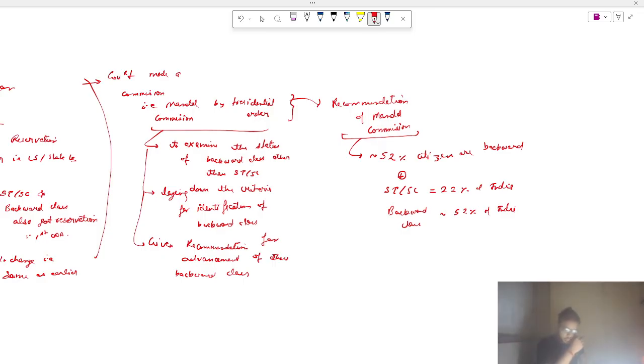So therefore, give 27% reservation to the backward class.